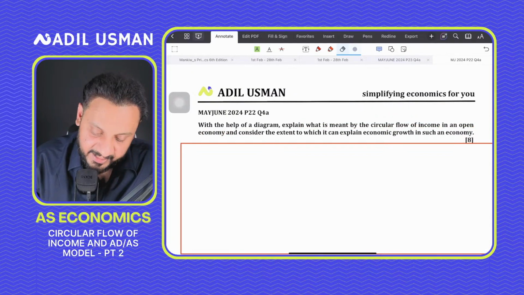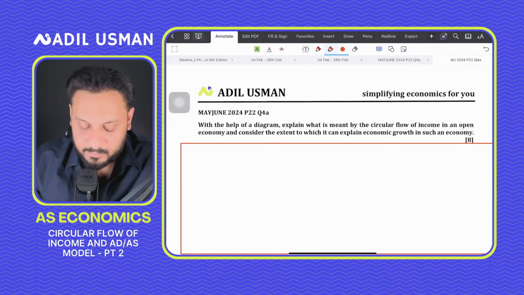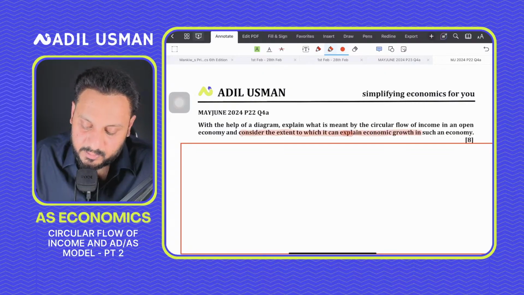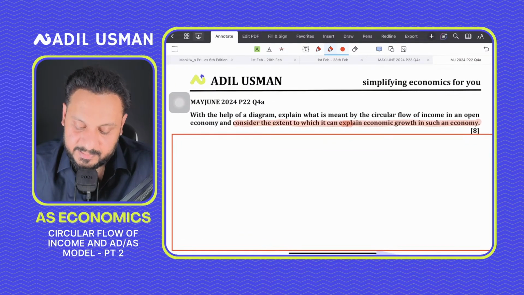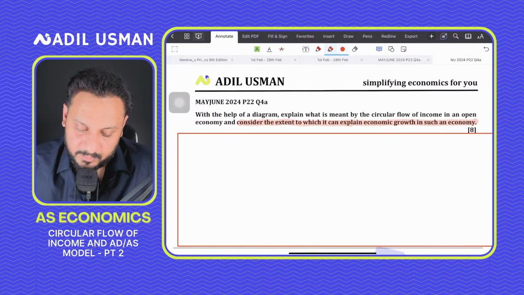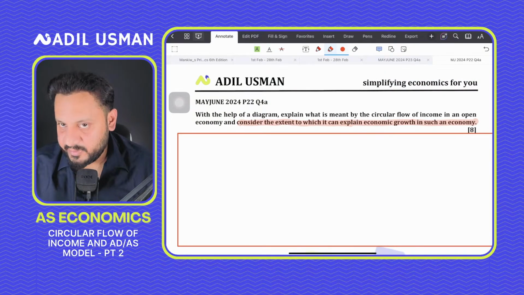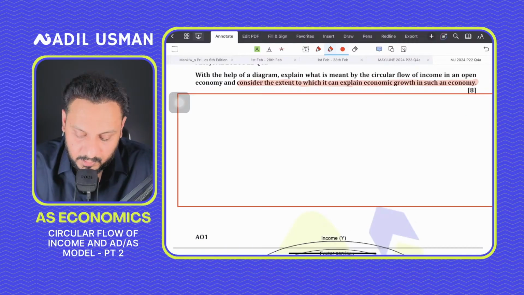So the evaluation of this question, the AO3 basically, if you look at the and consider part, that says, and consider the extent to which it can explain economic growth in such an economy. So the extent to which it explains economic growth in such an economy is AO3, right?